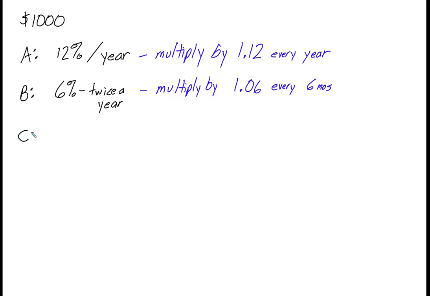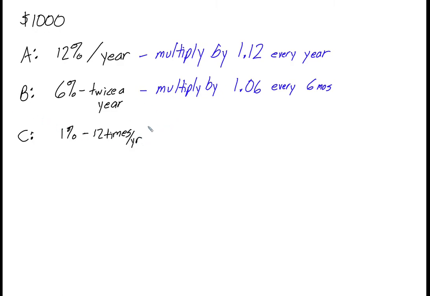Let's say we get a third bank that will give us 1% 12 times each year.